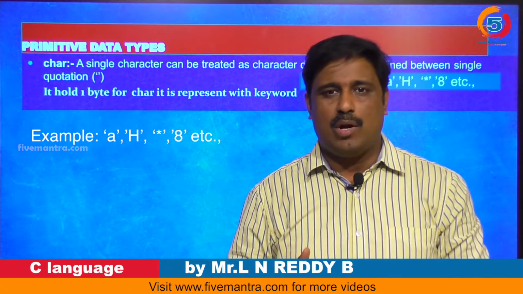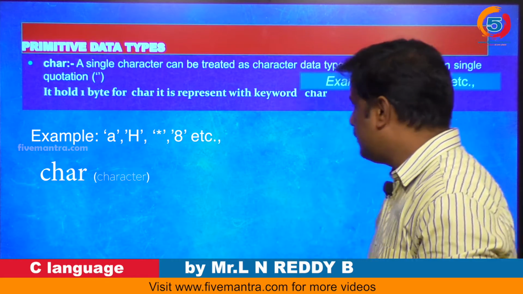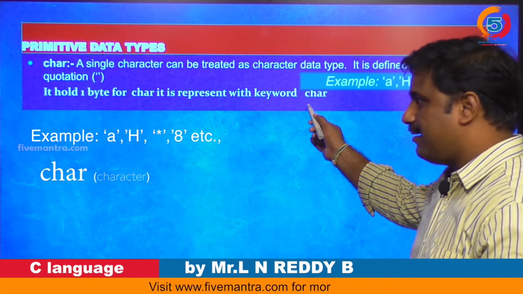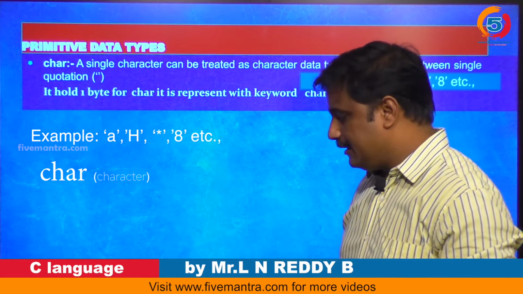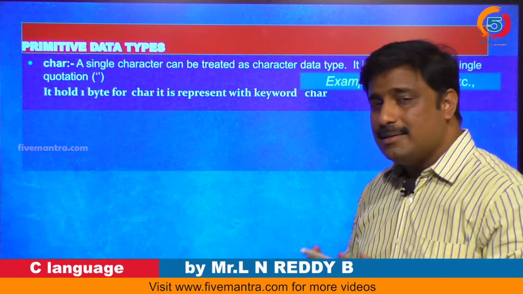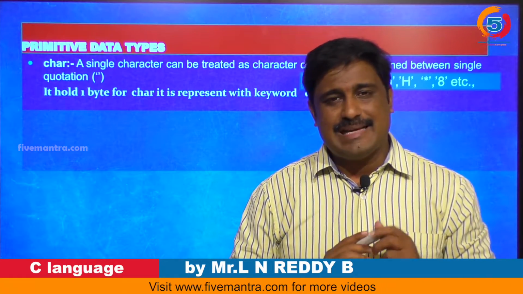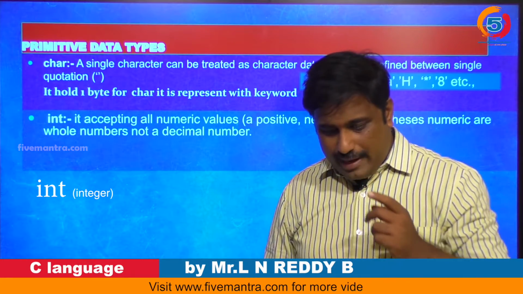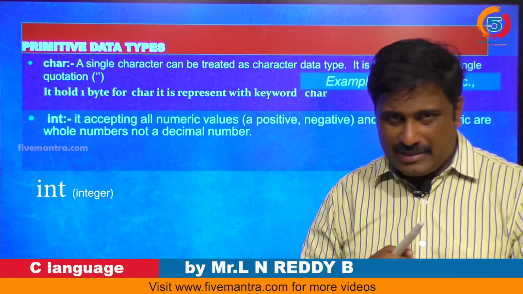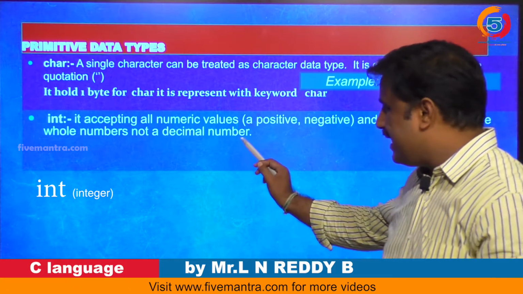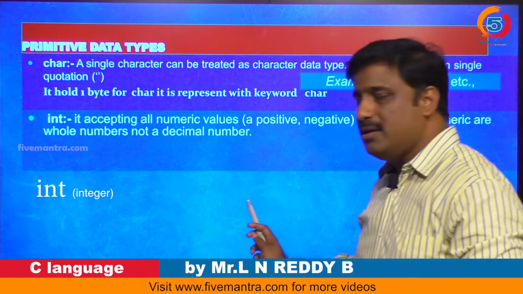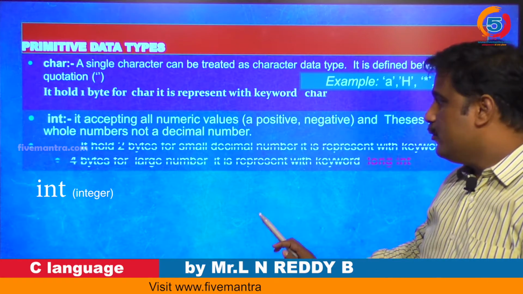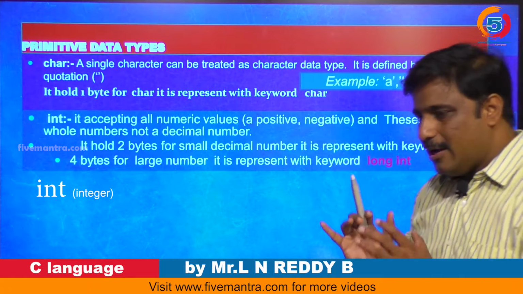That word we call a keyword, that is nothing but char. Okay, and the next one is another data type we already discussed, that is the integer. How it will be represented is int, a keyword we are using, and with the help of the keyword we can allocate the memory.